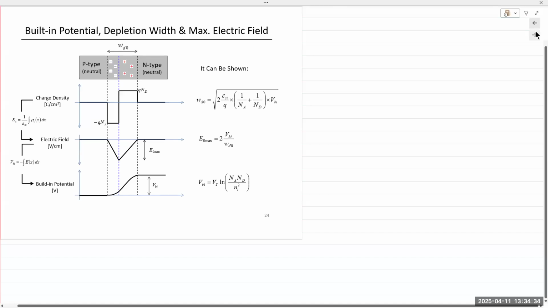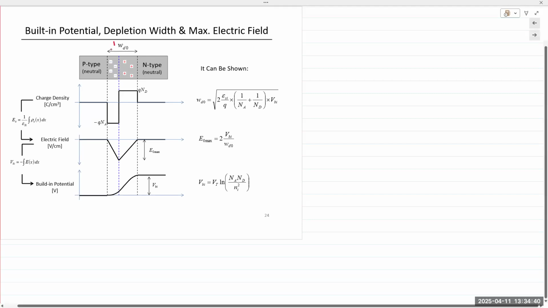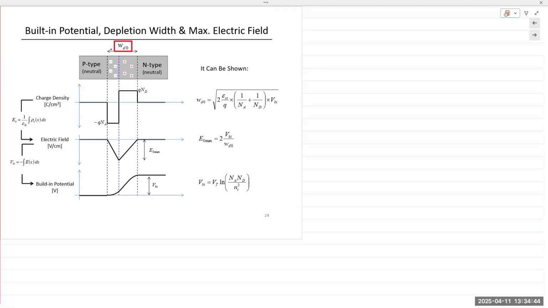Just a few graphs to explain a few more things. The depletion region width is given by this quantity WD0. It's a lowercase w. Lowercase w is also used for energy.